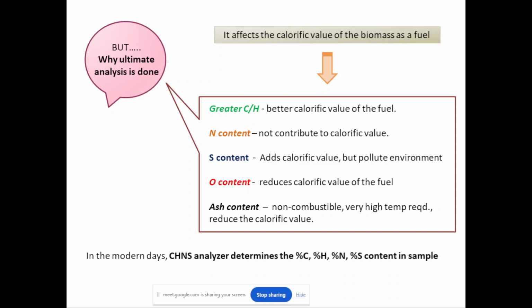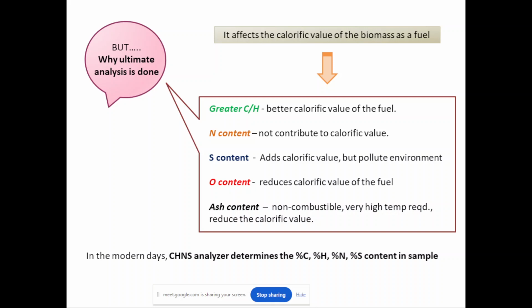But one thing with hydrogen is that the majority of the hydrogen readily gets volatilized, or moves out as volatile matter. So that is a kind of limitation.